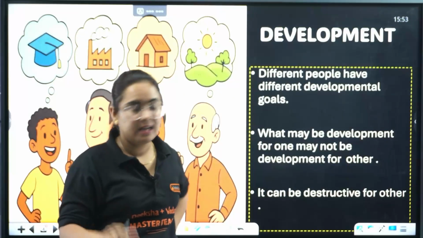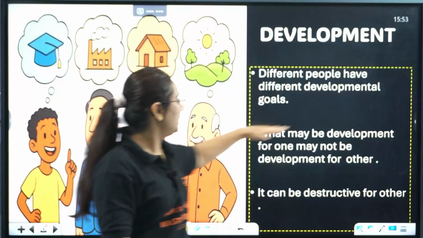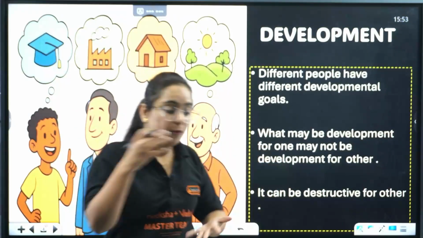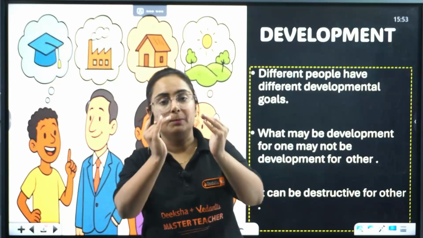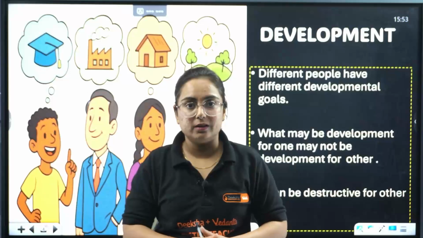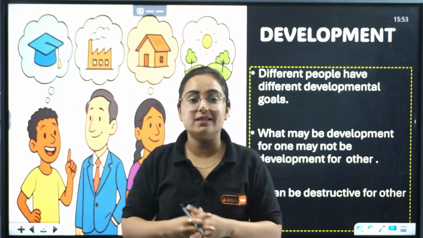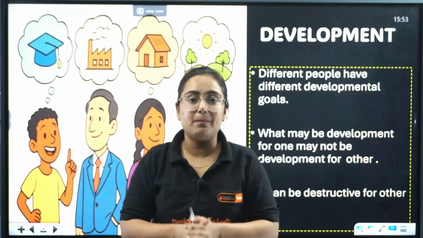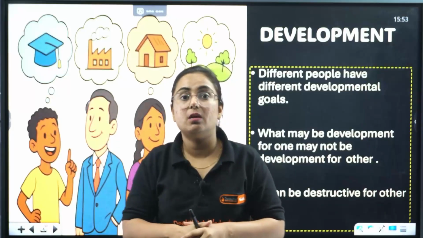Getting my point? Second is, what may be development for one may not be development for another. For example, there is a small poor villager, a farmer with no land. He's working on another's land, and what is his developmental goal? He should get at least work daily.